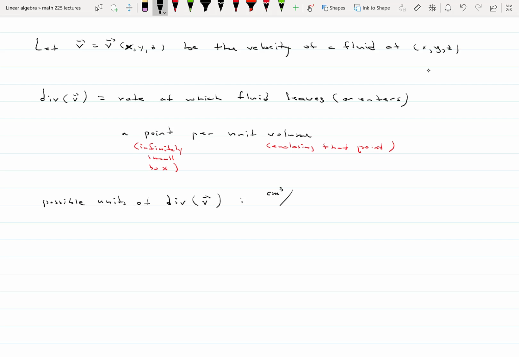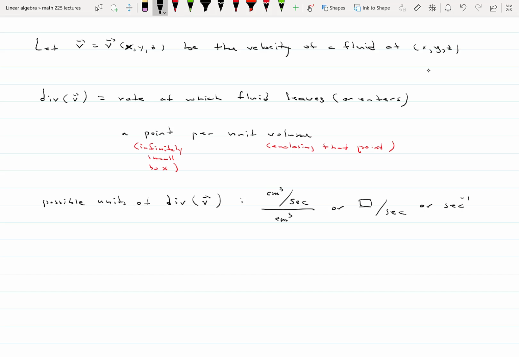So cubic centimeters per second, that's the rate at which fluid leaves a point per unit volume surrounding the point. Okay, so the cubic centimeters cancel, leaving per second. Very commonly in physics we write seconds to the -1. So the units of divergence are per time.